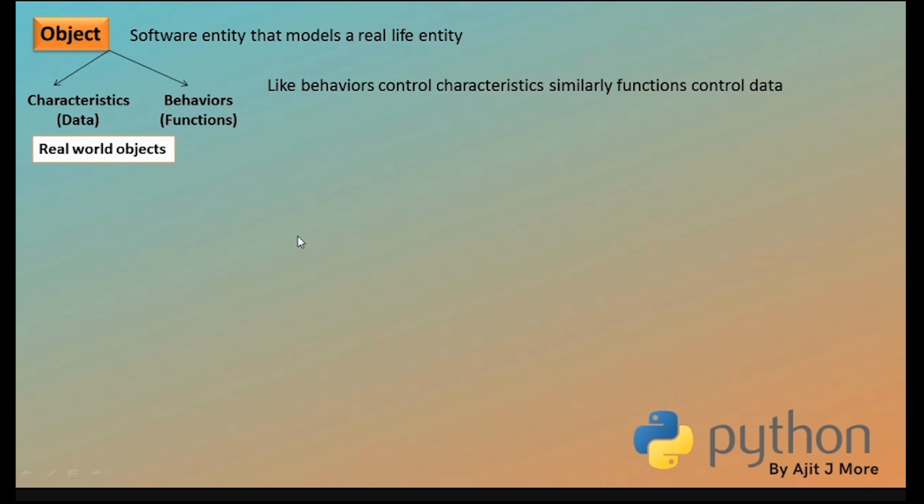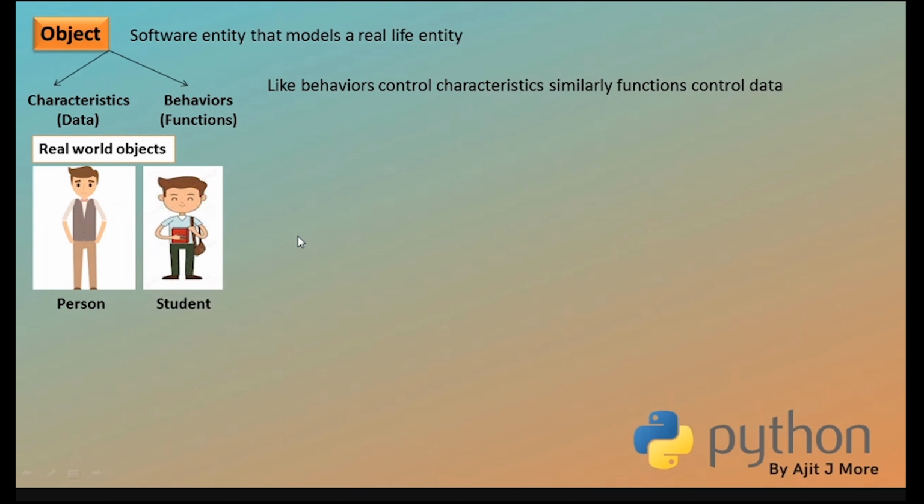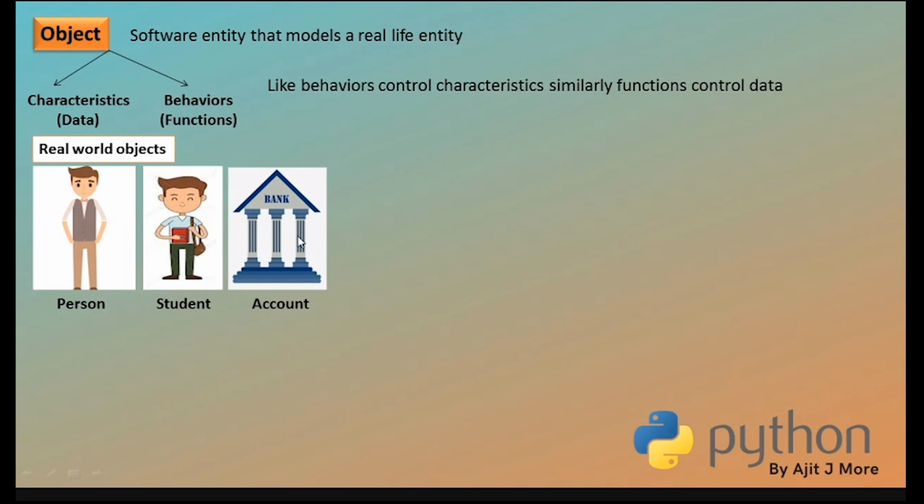Getting it? A few real world examples: a person is an object because a person has its own characteristics and own behavior. Then take a student. A student has its own characteristics: roll number, name, percentage, email, mobile, the previous year's exam appeared, and it will have its own behavior. Then a bank account. This is a non-living thing, while the previous ones were living things, but all are from the real world.